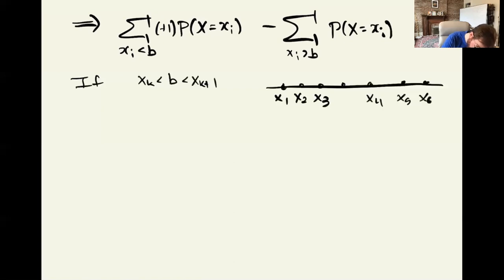And then I've got these little probability weights sitting on top of each of these. Then we're trying to find a value for b that sits somewhere here.